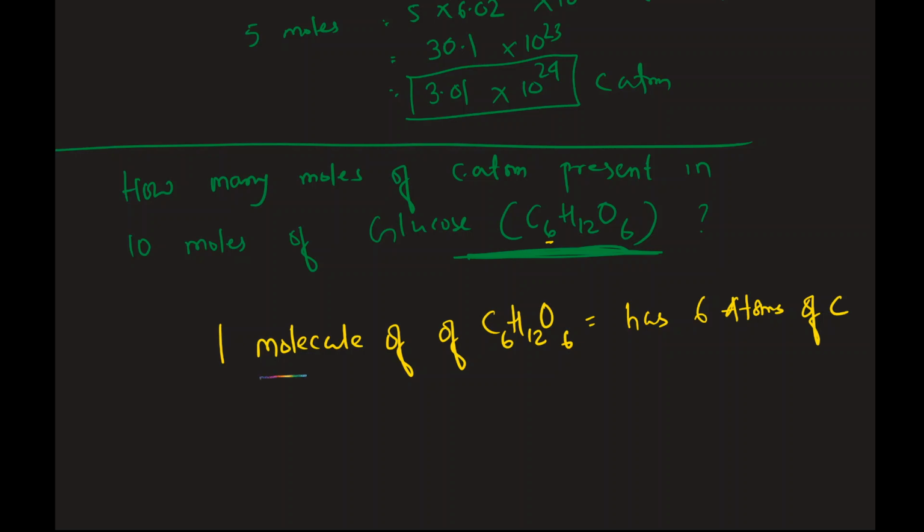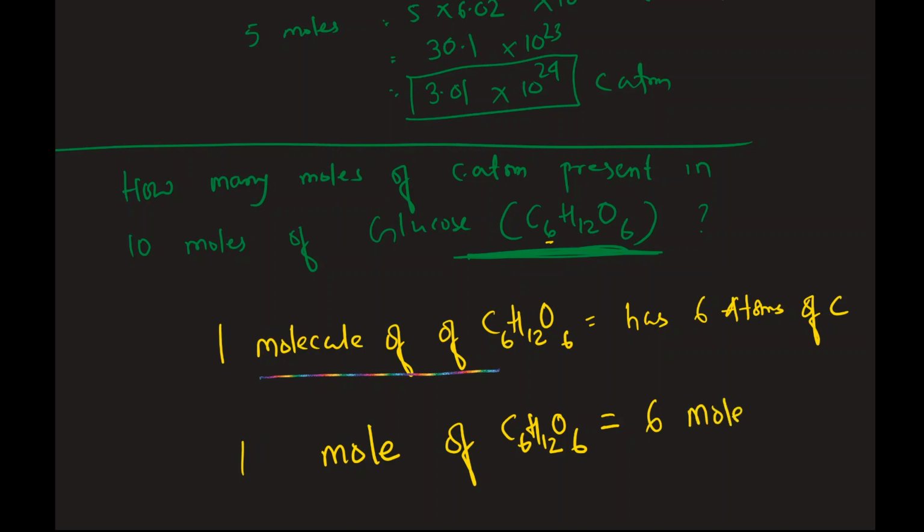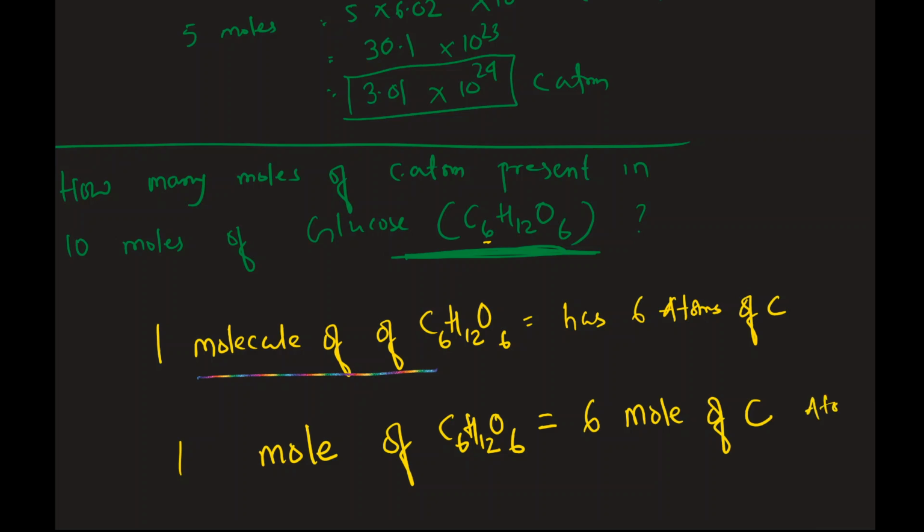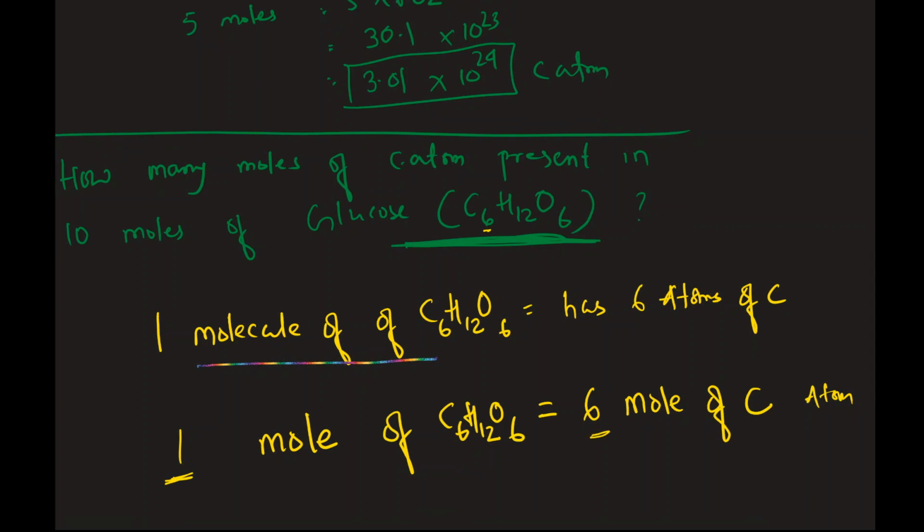Now just replace this molecule of with moles. If we have 1 dozen of C6H12O6, then we're gonna have 12 multiplied by 6, right? So you get the idea. If we have 1 mole of C6H12O6, that equates to 6 moles of carbon atoms. You get it? So for each one we got 6.